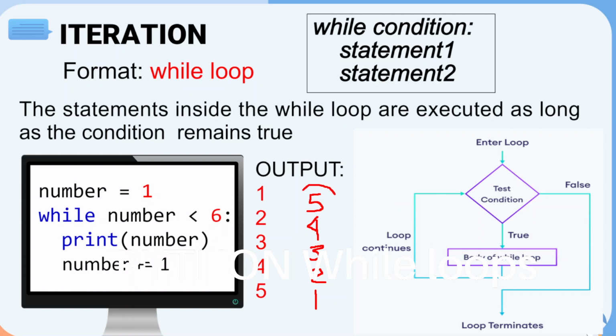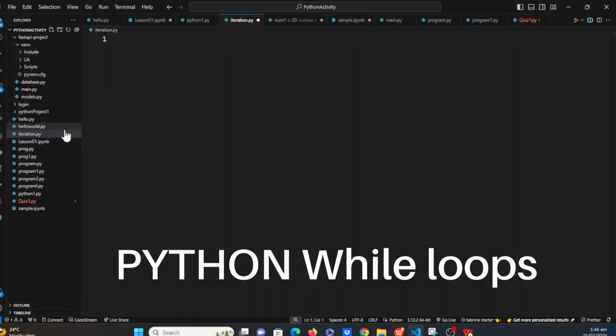If I want to have this output, as you can see here, this one is 1, 2, 3, 4, 5. What do you think is the solution? Let's try to run the program. So from here, what's the condition? Let's say I'm going to type number 1. That's the original, right?